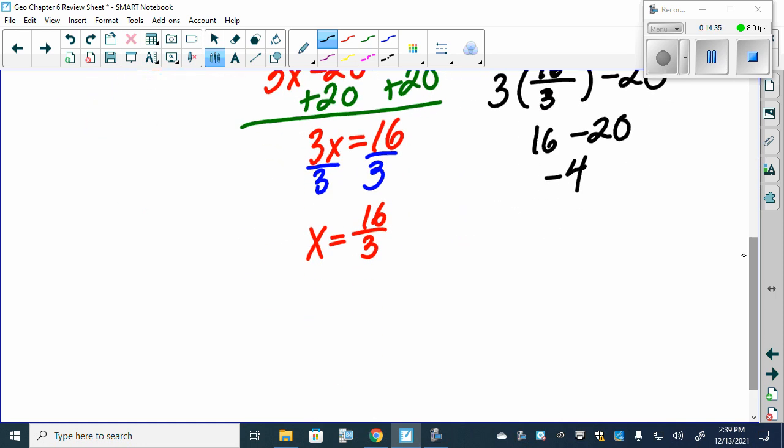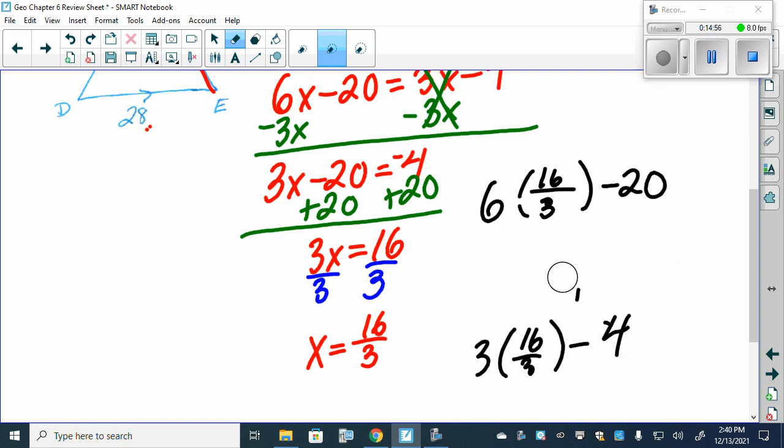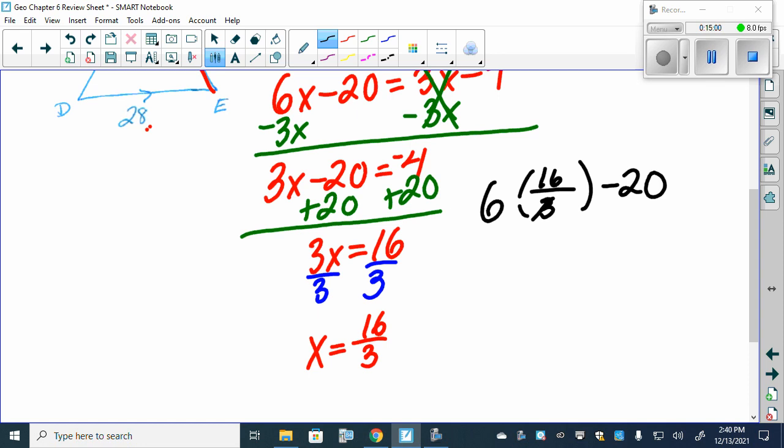And if we try it in the other one, 3 times 16 thirds minus 4. Oh, no wonder. I was wondering why that didn't work out, because that's not 3, it's 6. Something seemed wrong. Yep. Because this would be 2, and this ends up being 32 minus 20, which is 12.